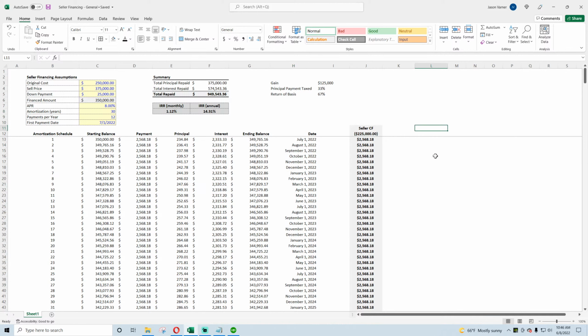We'll say tax basis for seller. And so year zero is going to be the down payment times this percentage, and then it'll be every principal payment times this percentage. So in theory, this total should add up to 125,000.